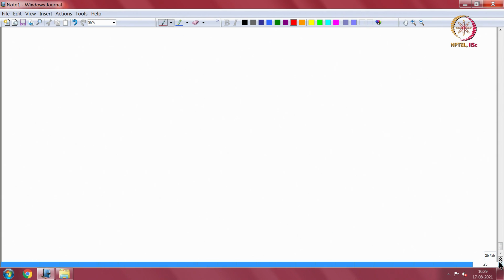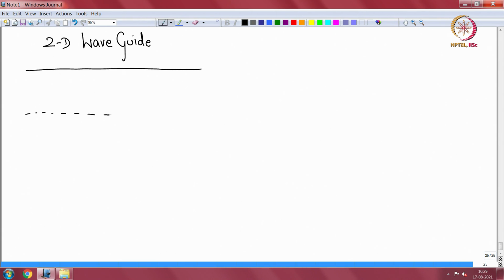So again, this is my geometry here, a 2D waveguide. The top is a rigid plate, the bottom is a flexible plate.